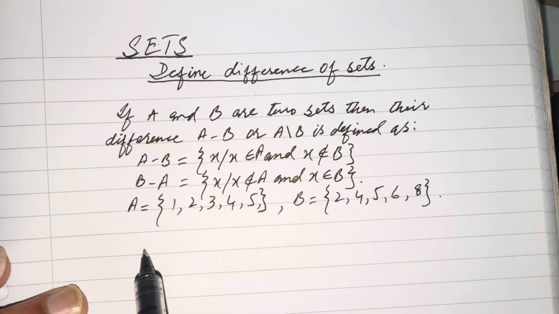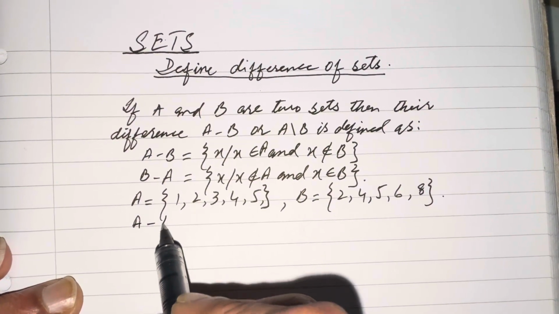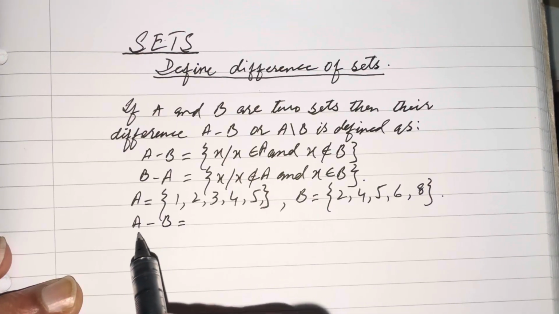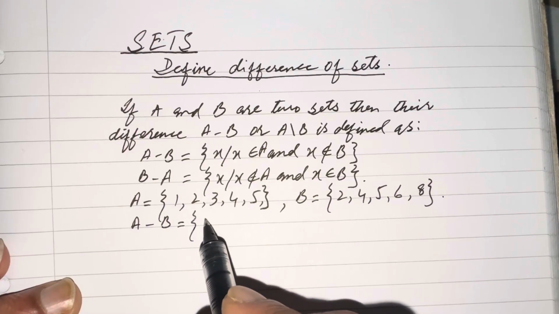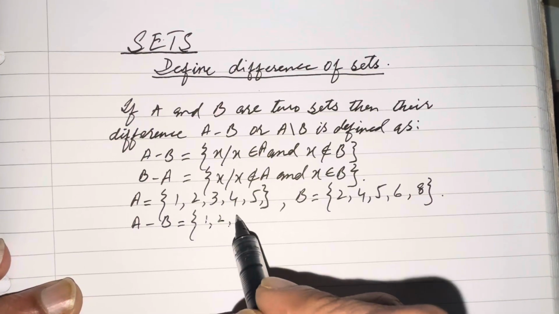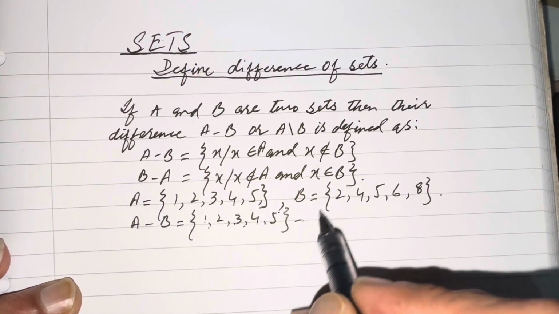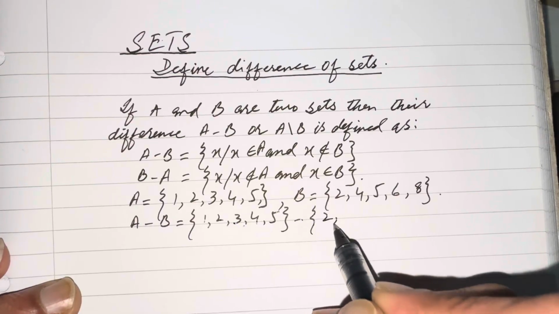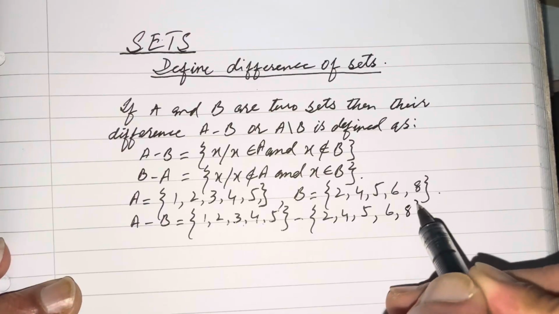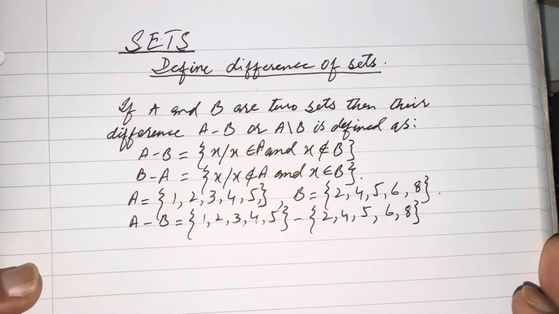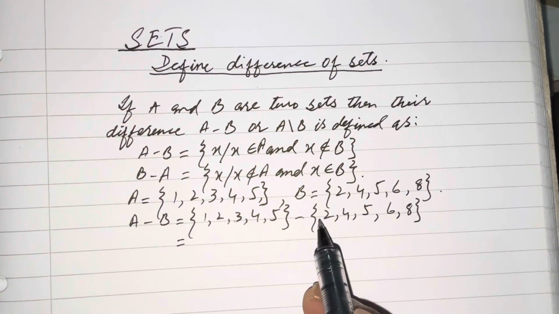So when we find the difference of the first and second sets, first minus second, A minus B, A minus B can be written as 1, 2, 3, 4, 5 minus B, which is 2, 4, 5, 6, and 8. What will be the answer when we subtract these two sets?